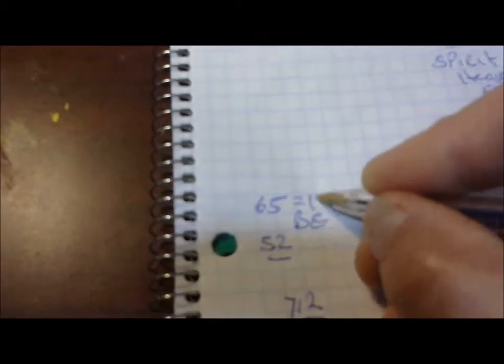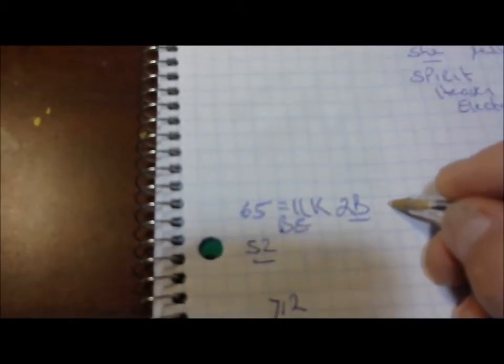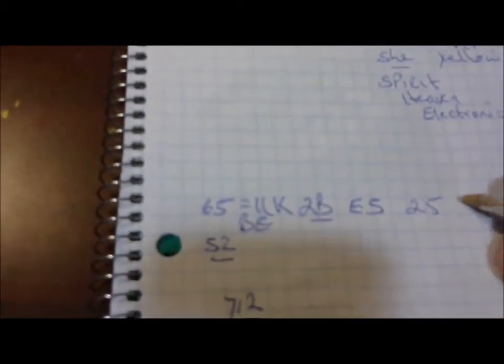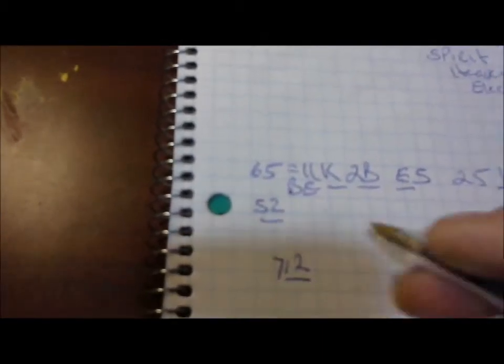Here's your 5 and 2, which is B and E. Here is your 6 and 5, for the letter E, which equals the letter 11 K, and the letter 2 B. Your 6 and 5 equals 5 equals E, 5 and 5, this over here, the 25th letter is Y. Y, we get the key. 7, 1, and 2 is G, 1 is A, 2 is B, 7 and 2 is 9 I. Big I. 7 times 2 is 14 N. Big N, and it creates a W. Big N, big win. Win backwards is new.